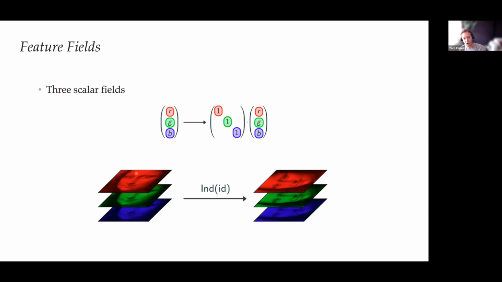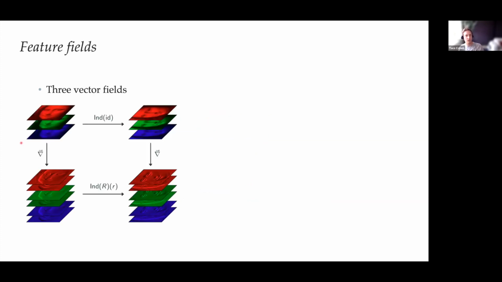If you have, say, an RGB image, there's nothing going on in the channels. Each channel is just independently rotated. So in this case, the representation of your rotation group acting on a single RGB vector is trivial. It doesn't do anything. That's another example of an induced representation.